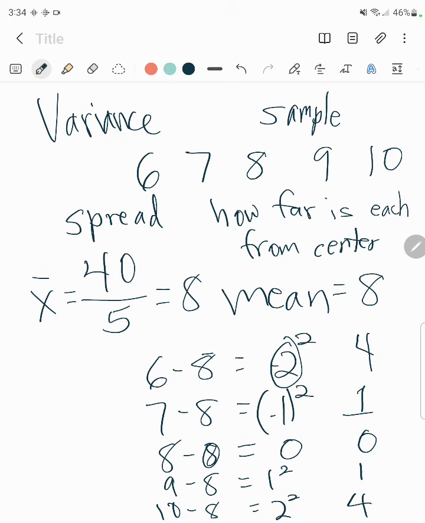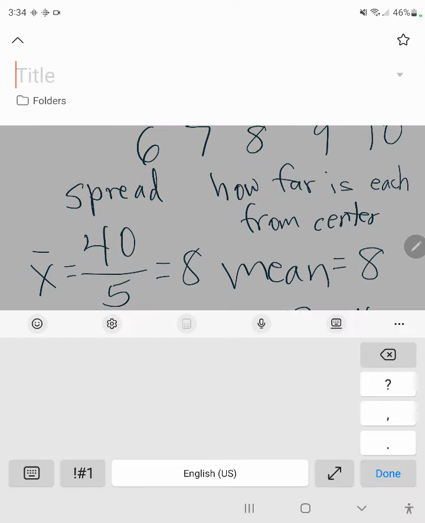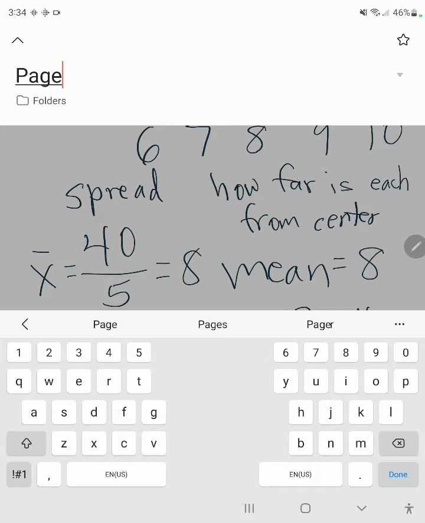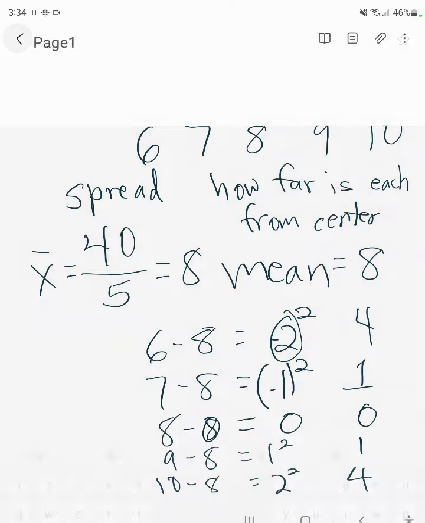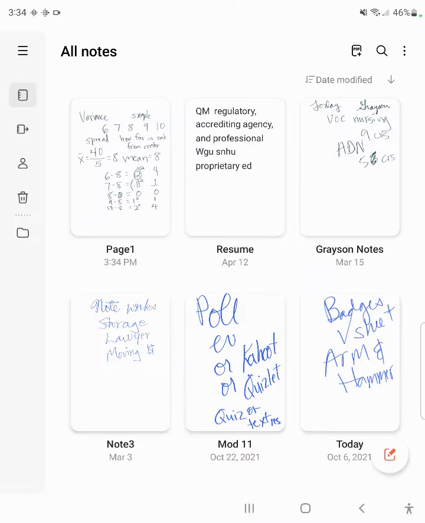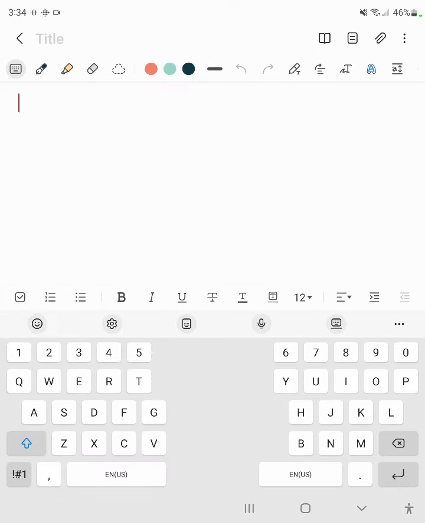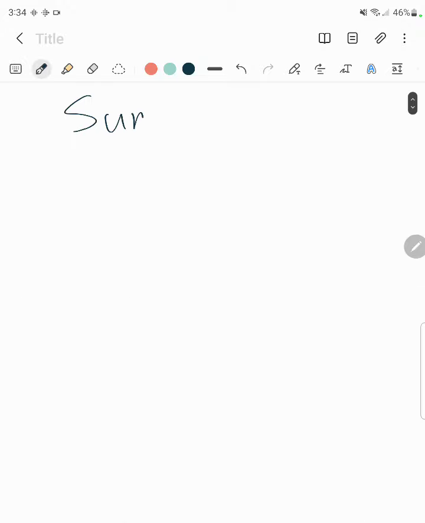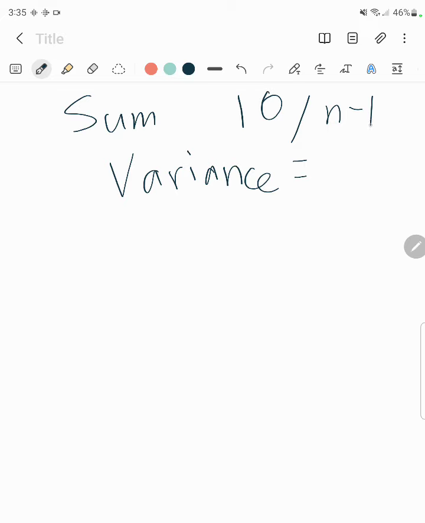Okay, so let me put that on a new page. Page 1, we'll call this. And page 2, we say that the variance is the sum divided by n minus 1.